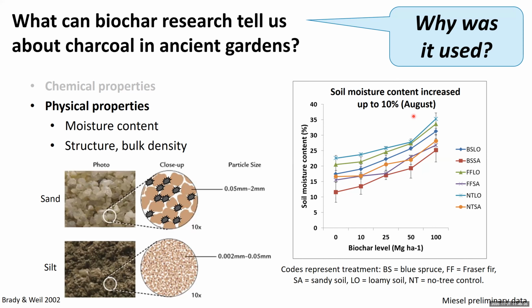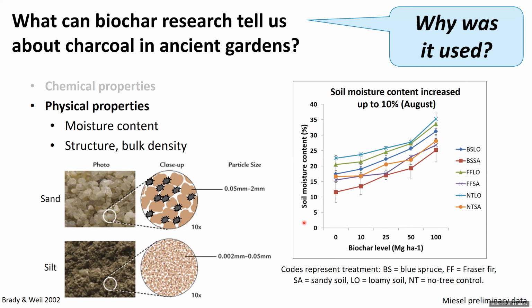The graph on the right is from the same biochar study I just mentioned, but this time I'm showing biochar amendment level on the horizontal axis, ranging from no biochar to our very extreme 100 metric tons per hectare level. I'm also showing volumetric soil moisture content on the vertical axis.